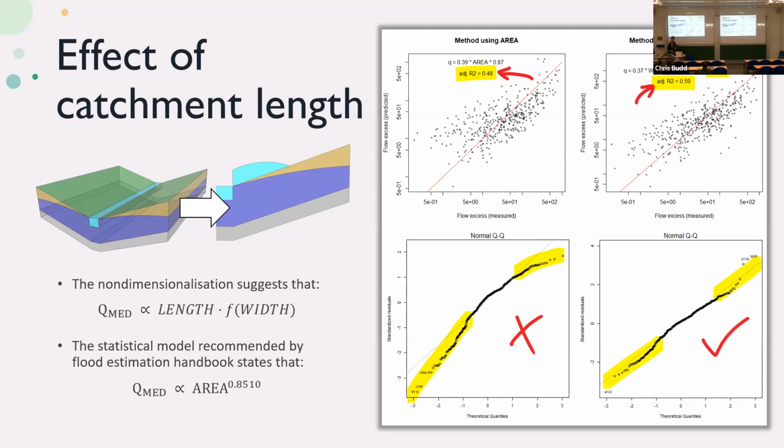And finally, if you look at typical statistical model diagnostics, we can see that in the original model, if you include only area as the independent parameter, the errors won't follow the normal distribution, which we can observe on this QQ plot. While in the case of the model which includes width and length separately, the distribution of the errors is much closer to what we expect to see in statistical models.